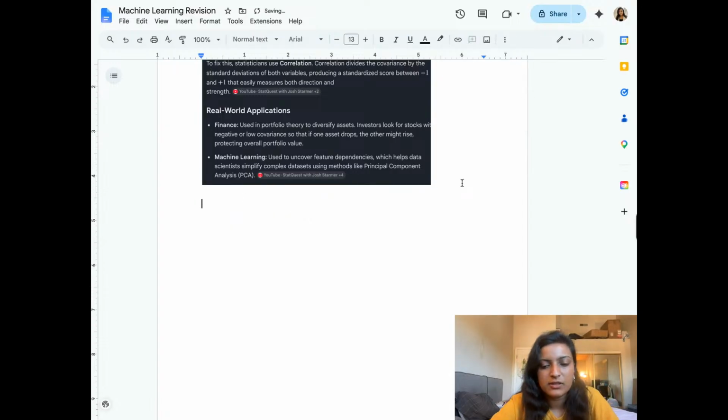There is another concept called principal component analysis, PCA.